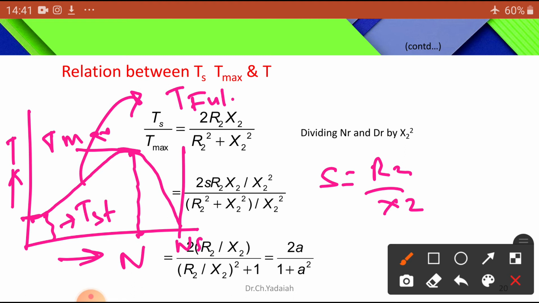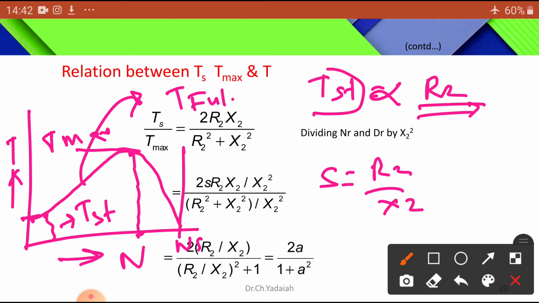What we have seen is that the starting torque is directly proportional to R2. If resistance is added in the rotor circuit, starting torque increases.